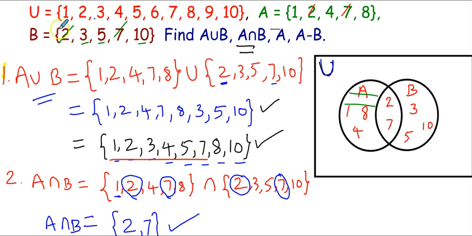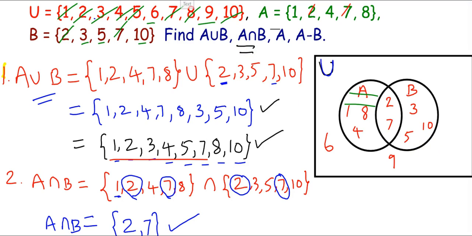If you cancel off all these, only 6 and 9 are remaining from the universal set. So those remaining elements 6 and 9 you can write anywhere in the remaining space from the universal set. So don't touch A and B, but you can write 6 here and 9 somewhere there. So that completes the Venn diagram.